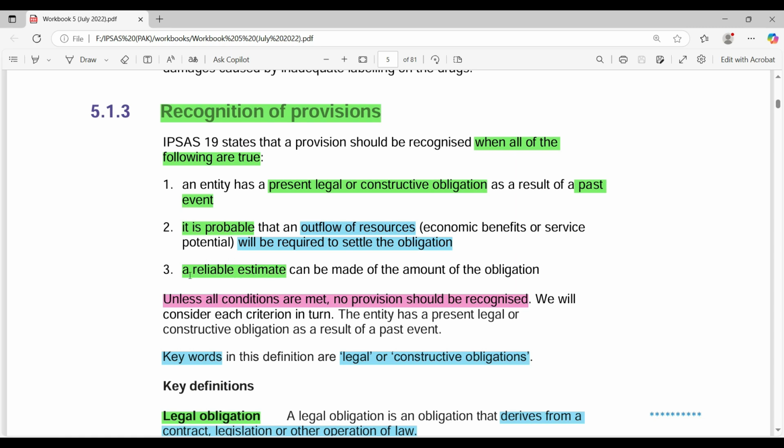In the case of contingent liabilities, you are not even in a position to find a reliable estimate. Unless all conditions are met, no provision should be recognized. When all these three conditions are met, you have to fix a provision in your financial reporting.